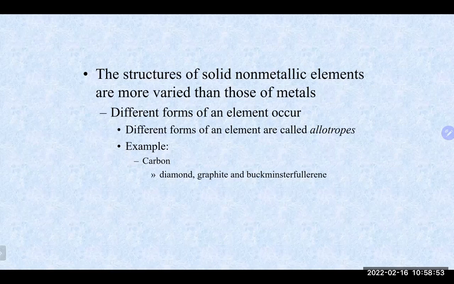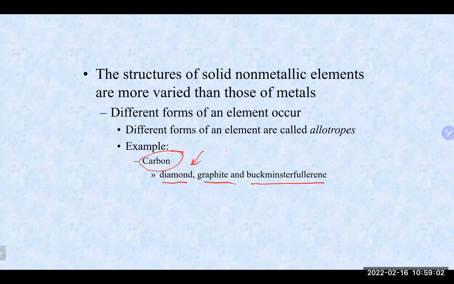For example, diamonds, graphite, and fullerenes are all really carbon. The difference is the way the carbons are laid out. Diamonds have a specific pattern. Graphite is layers of carbon. And fullerenes look like giant soccer balls, about 60 carbons arranged like a soccer ball.